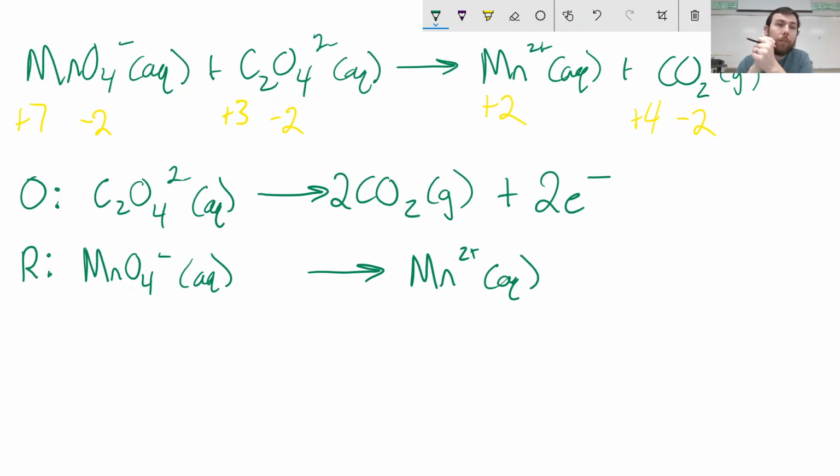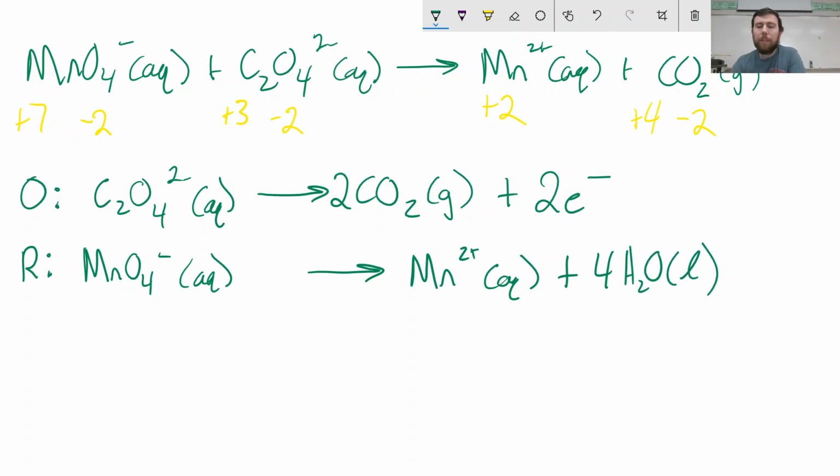Now, in order to balance out the oxygens, remember we want to add waters to the side where there's no oxygen. So in order to balance this out, to get 4 oxygens, we need 4 water molecules. So we've got 4 H2O (l).